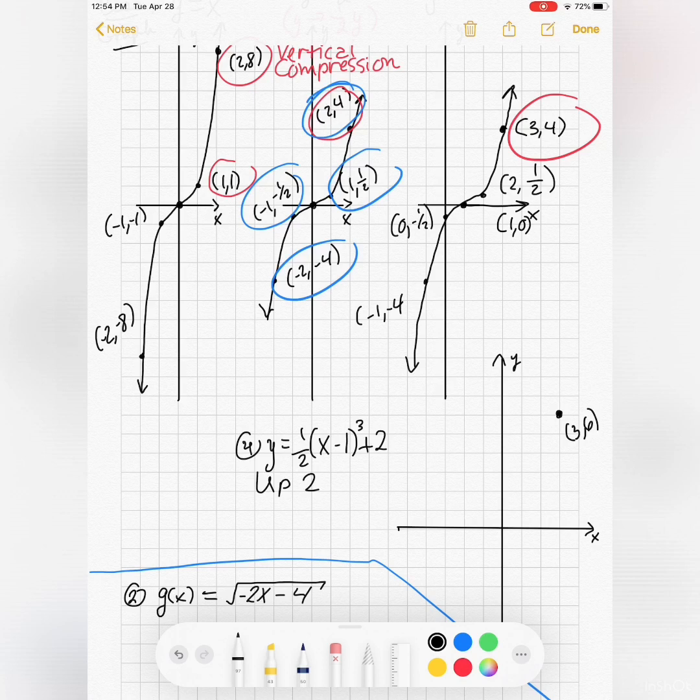Two and a half, let's see. It's going to be at 2, 2 and a half. So 5 halves, 2, 5 halves. (1, 0) is going to be at (1, 2).